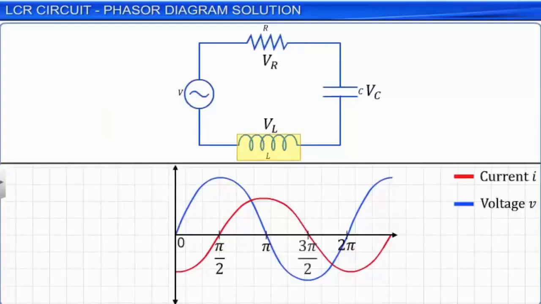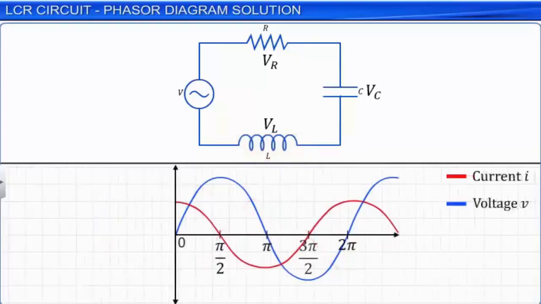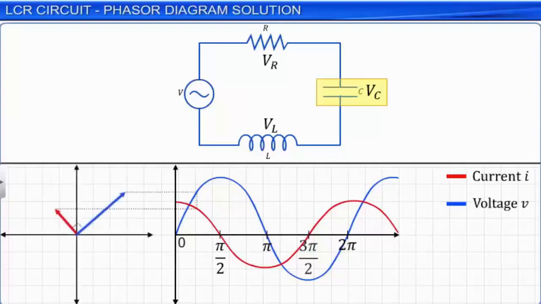The phasor diagram for the inductor shows the phase relation between V and I in the inductor. Conversely, the voltage in the capacitor lags the current in the circuit in phase by pi by 2 in a purely capacitive circuit. The phasor diagram for the capacitor shows the phase relation between V and I in the capacitor.